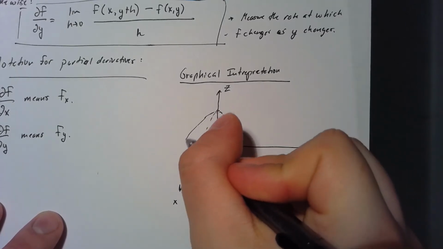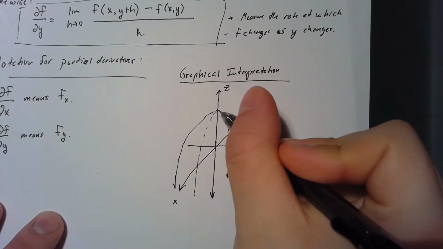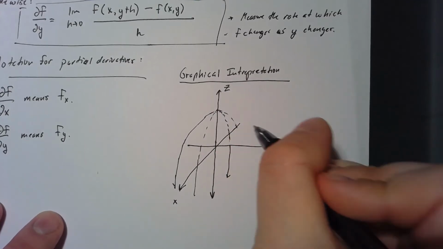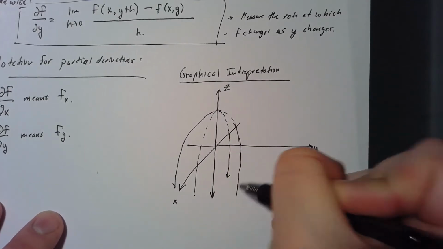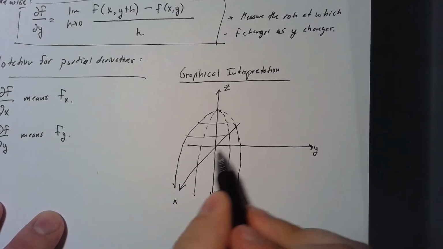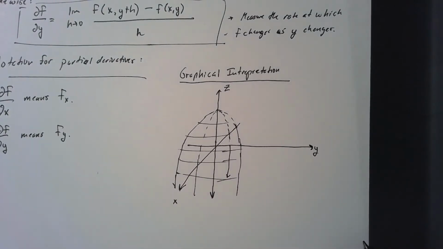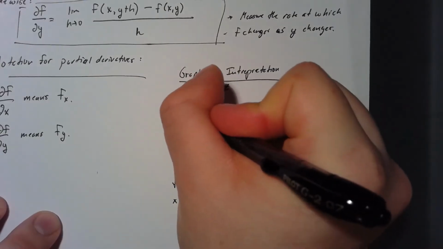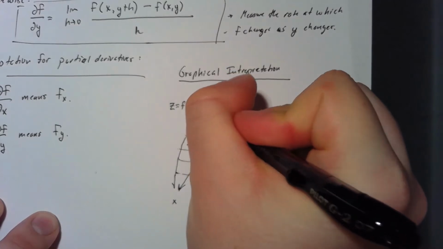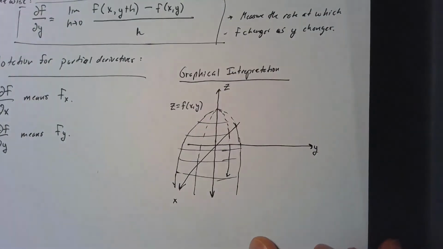A hyperboloid. Let's just say that's my shape. And this is a function, right? Z equals f of x, y.